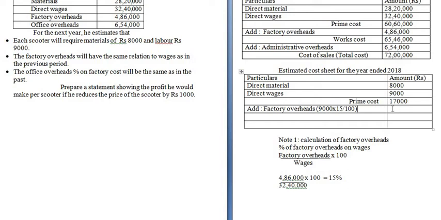How much you will get? 1,350. Okay, yes. Now make a total, and this total will be called as what? Works cost. It is works cost. Fine. Add it. 18,350. Hope so everybody is understanding this problem.